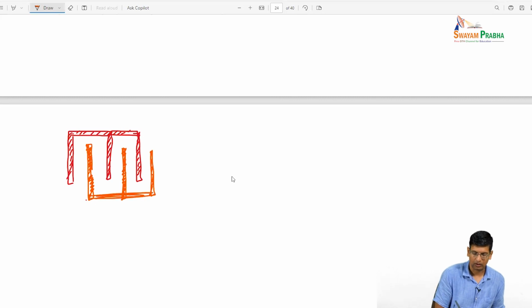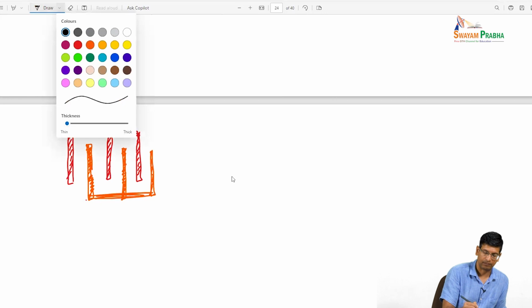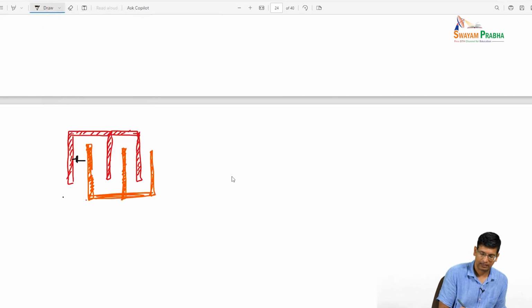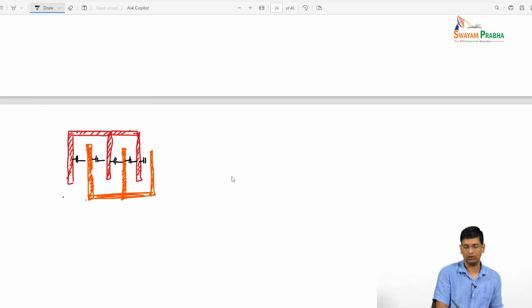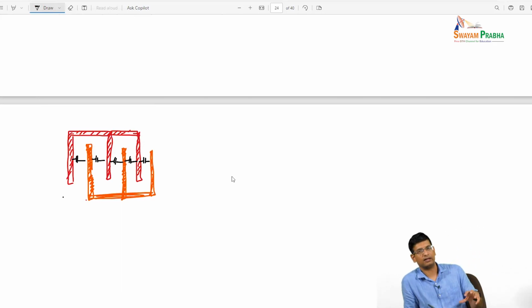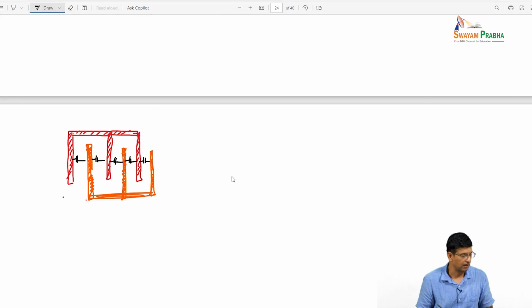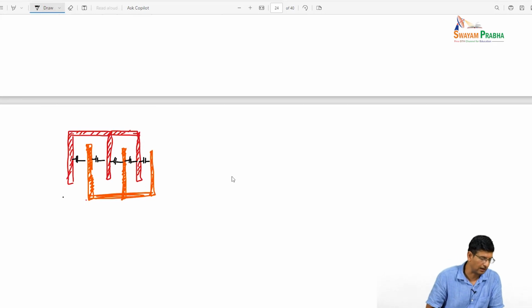So you are now counting on basically the capacitances that exist between these metals, right? So you're able to create capacitances like this, right?